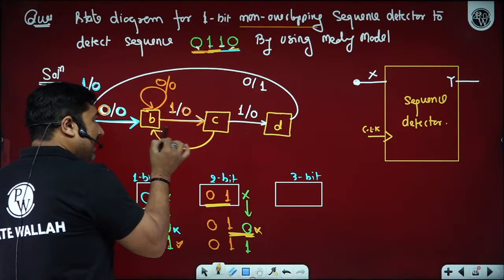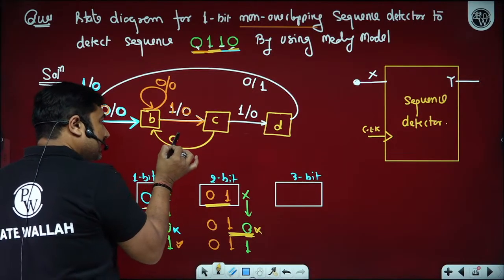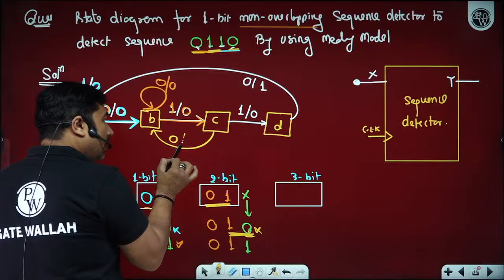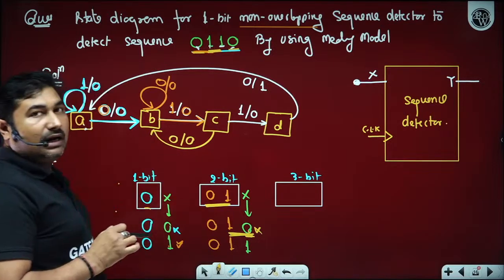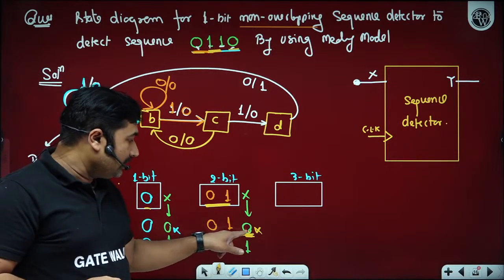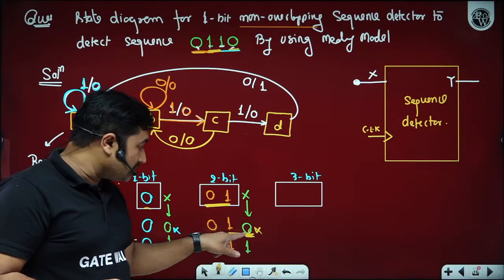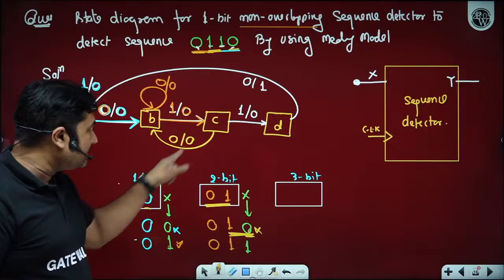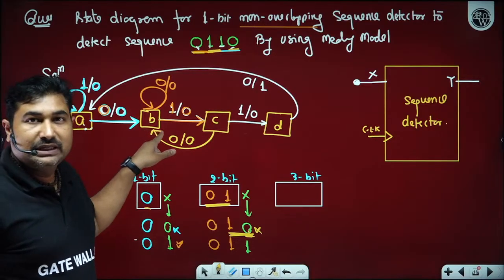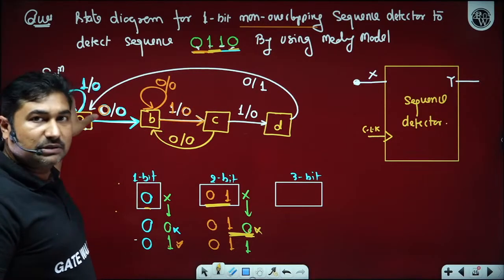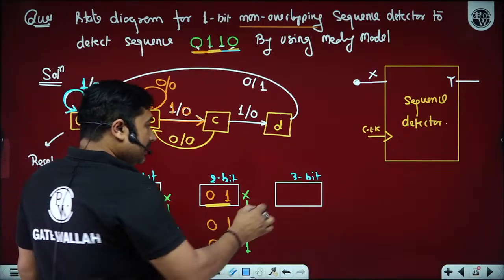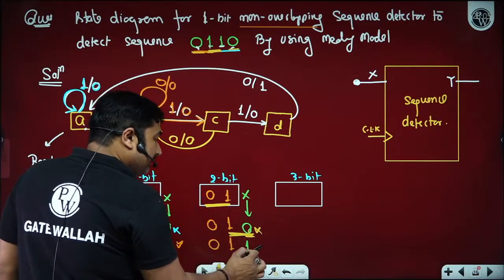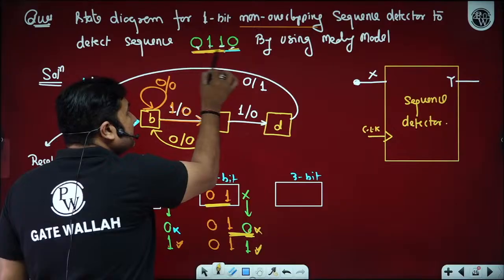So since it is matching, go back to that state, because we are getting 0. On 0 we are not getting the required set of sequence. So I have compared the last 1 bit with the 1 bit state. It matches, so go back to that state. If it does not match, you have to go back to the reset state. Is it okay? Now, if we are getting 1, this is the required set of input sequence pattern.